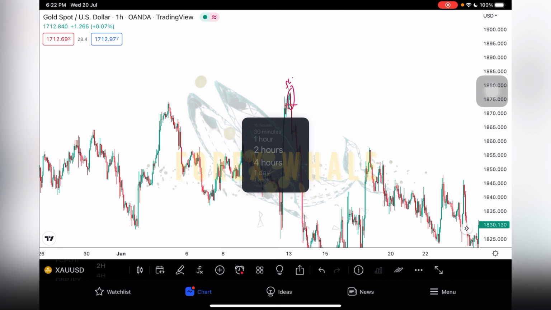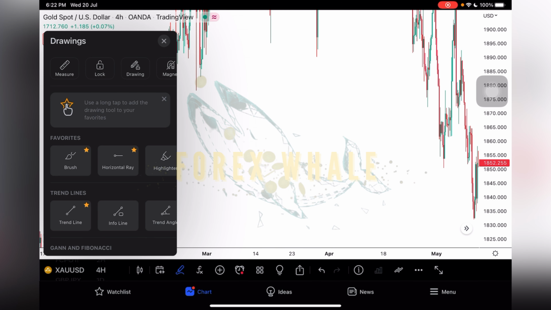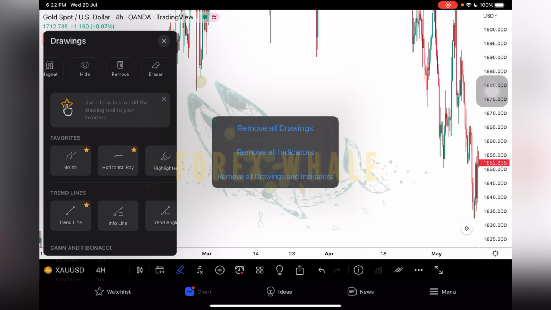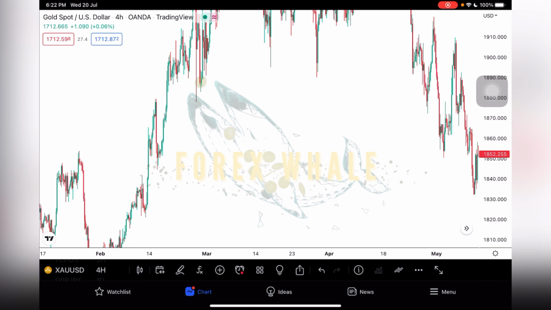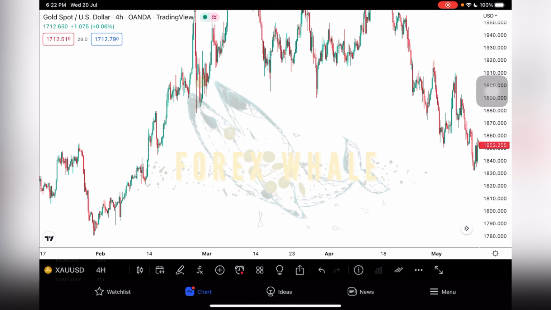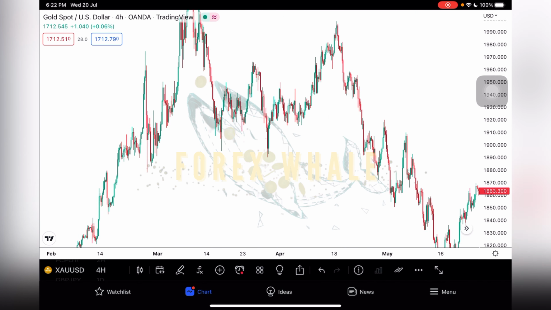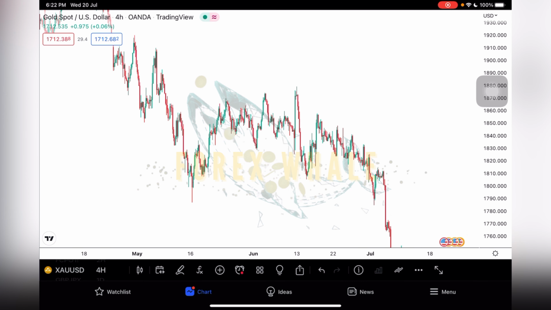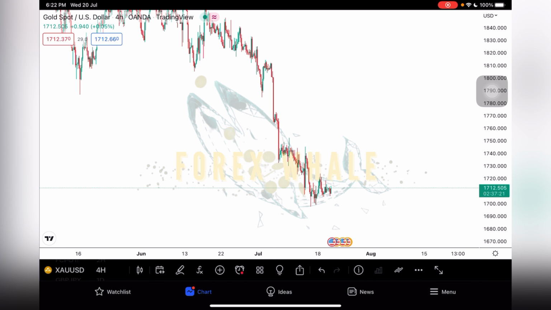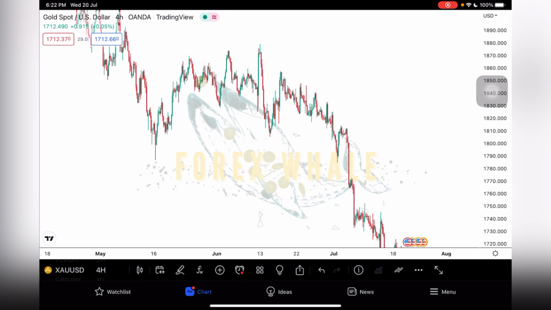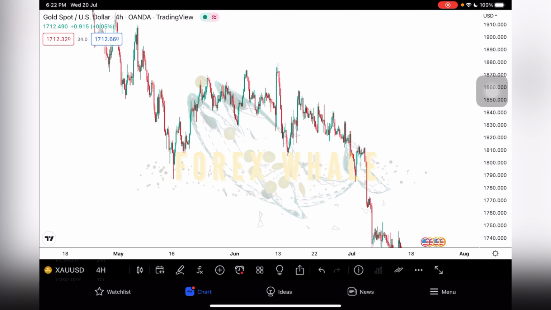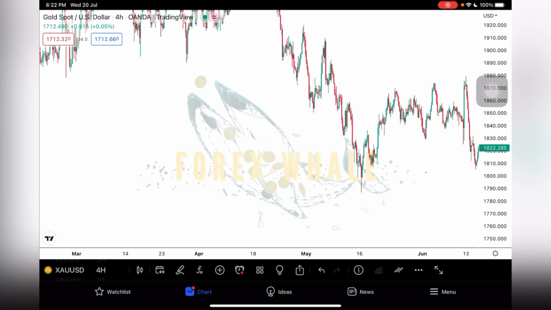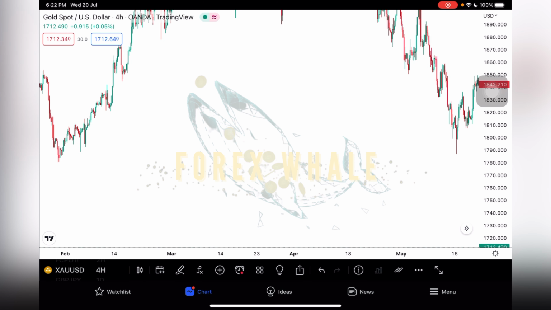So let's look at the 4-hour time frame on gold. Usually gold would always do this bearish engulfing. That is at least from my observation, price would normally do that. So I think there is another example of a way for you to trade bearish engulfing.